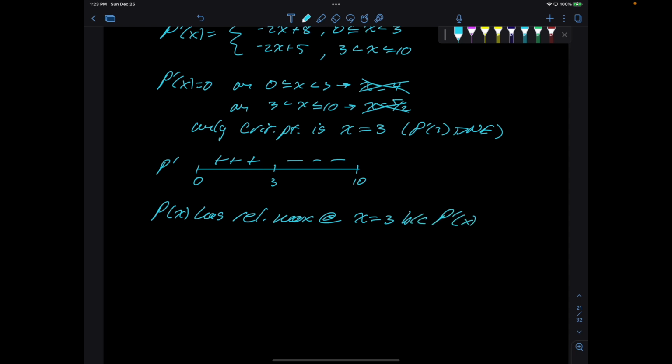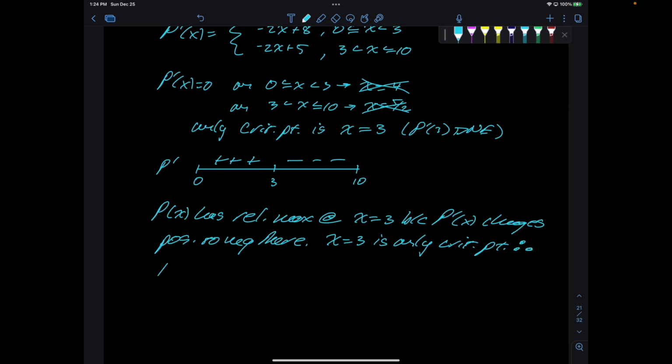I like this problem. Like it's a twist, I guess. Like you don't see this a lot. Positive to negative there. x equals 3 is the only critical point. Use this more than you'd think. Therefore, p of x has an absolute max at x equals 3.